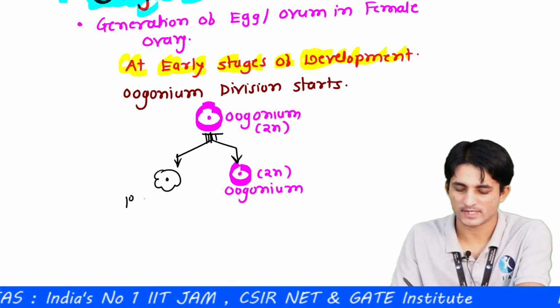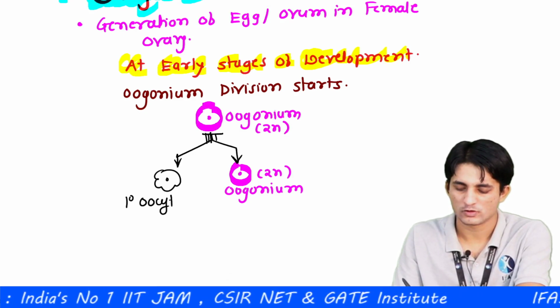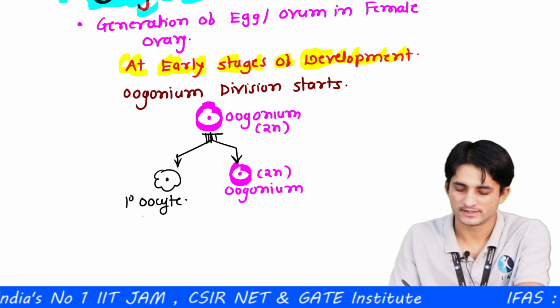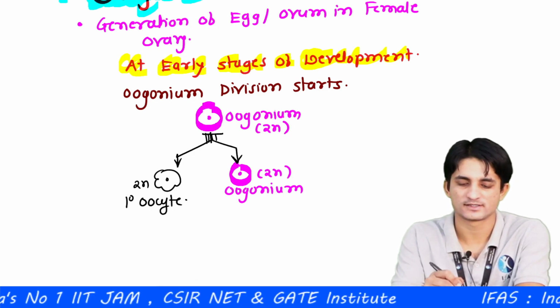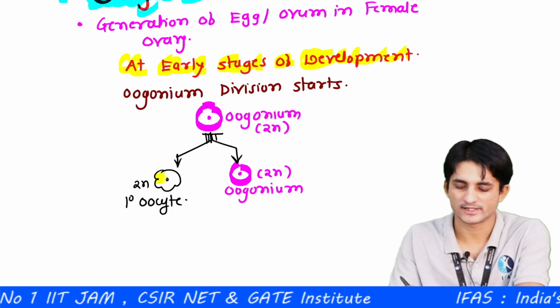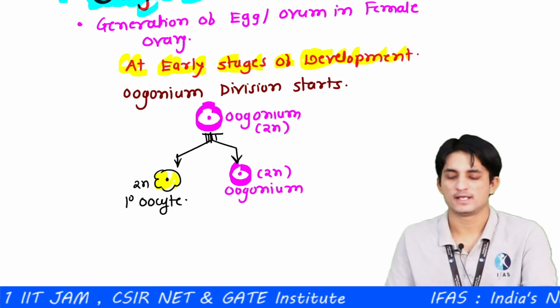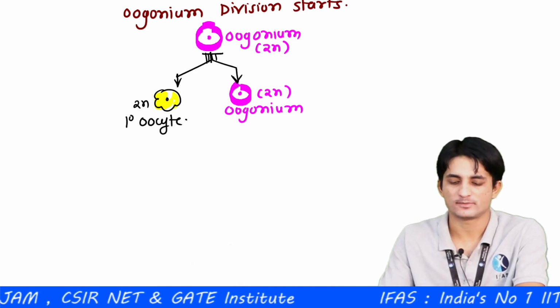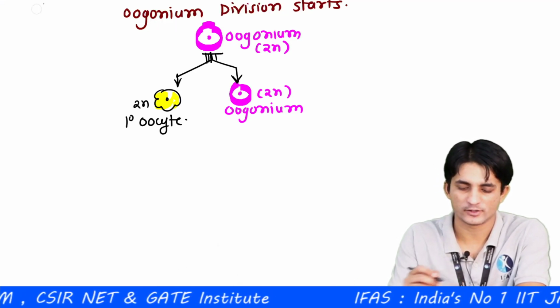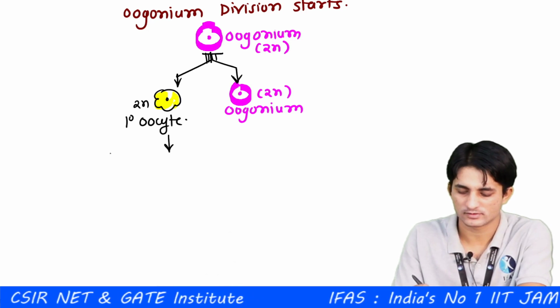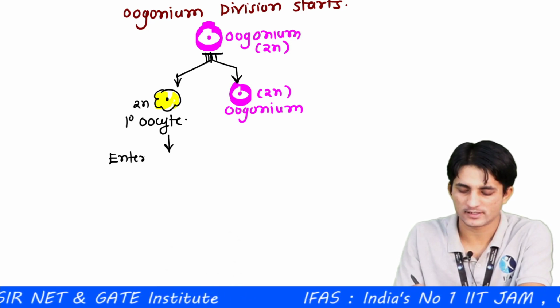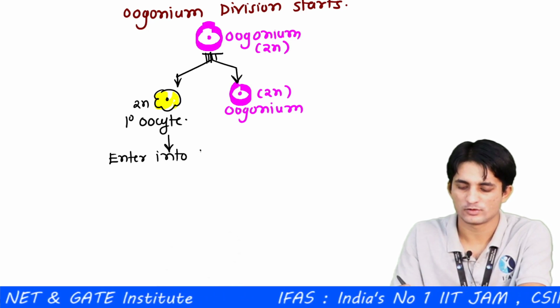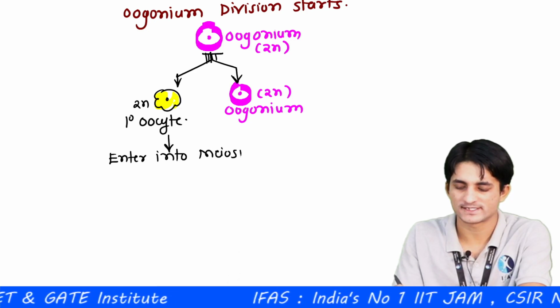So this is the primary oocyte. This is also the diploid stage. Now as the primary oocyte is produced, it readily enters into meiosis first.